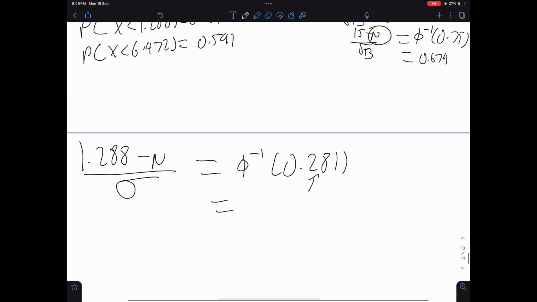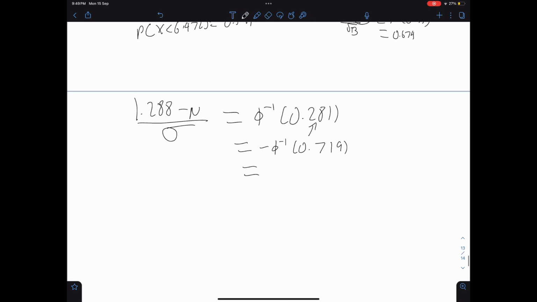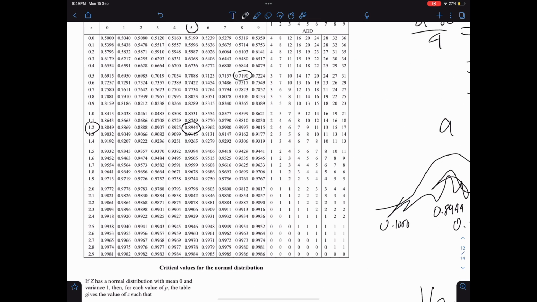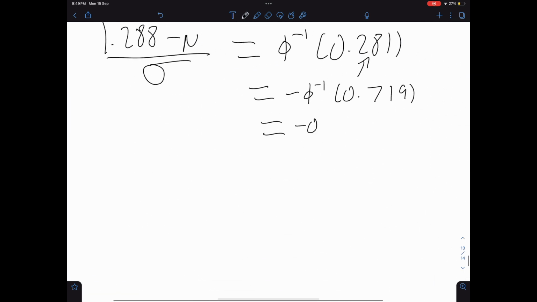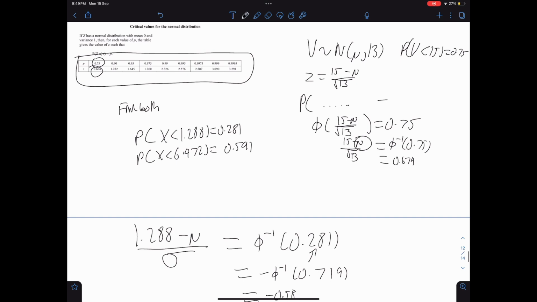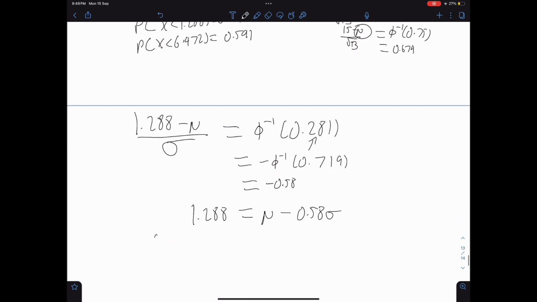And oh yes, this is less than 0.5, so we do this is 0.719, and then we do that, and 0.58, and I will just show you, go far enough to allow you to see where this is going, and then the other one is like (6.472 minus mu) over sigma equals phi inverse of 0.591.